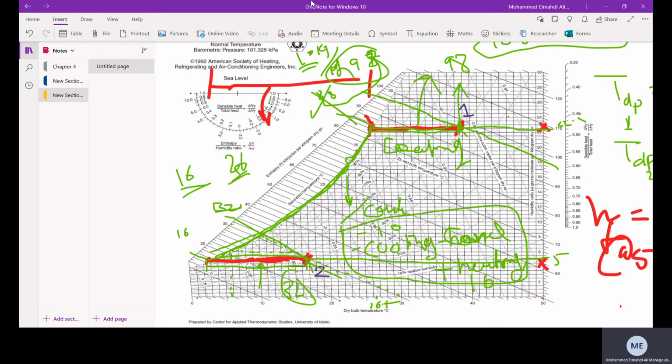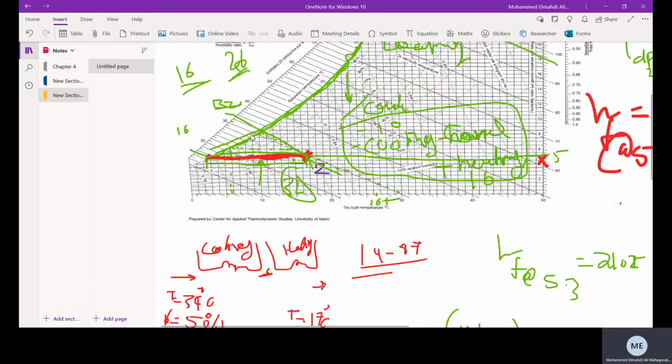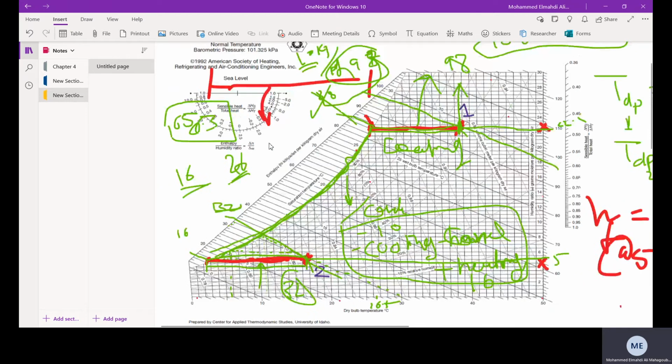So I got 65.63. This is my total amount of heat transfer, or the net heat transfer. Of course it is cooling. Net heat transfer is in cooling.